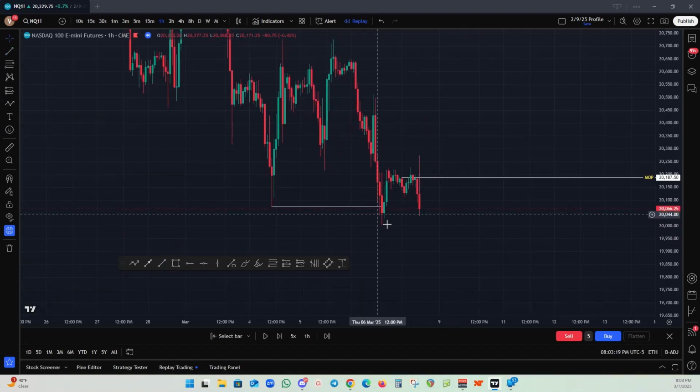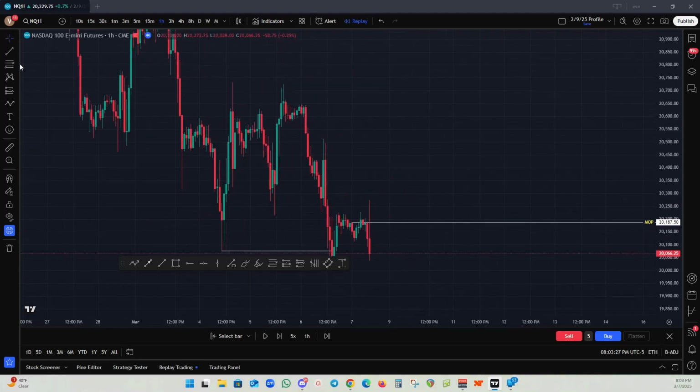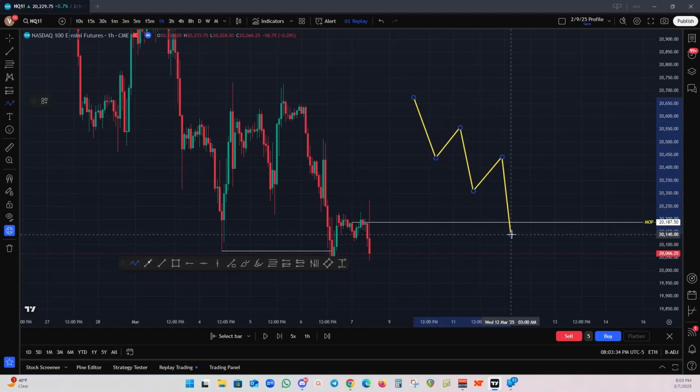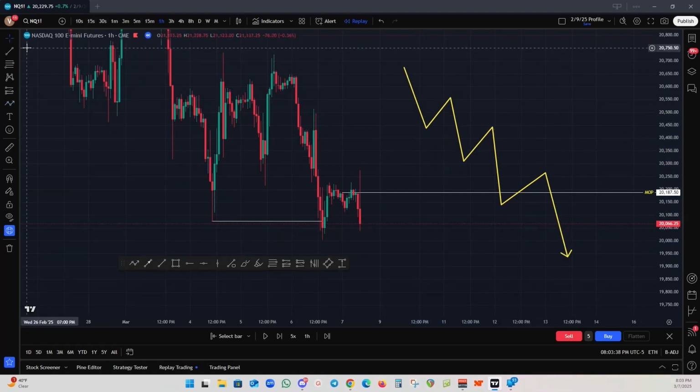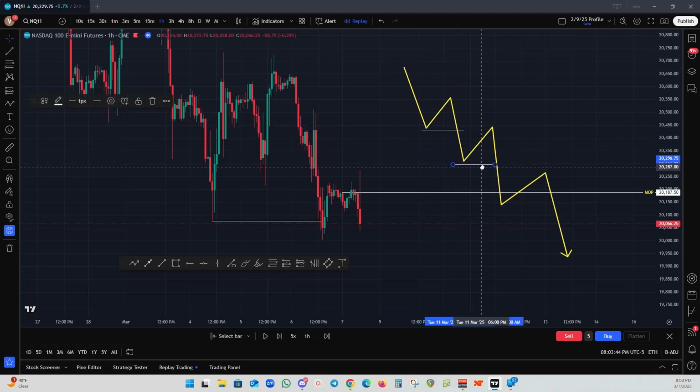So my strategy is to find the last place a lower low was taken out, the last place price took a swing low. Because in a downtrend, price moves in this pattern. Every time it moves down, it takes out a lower low. Right there, that low got taken out. That low got taken out.